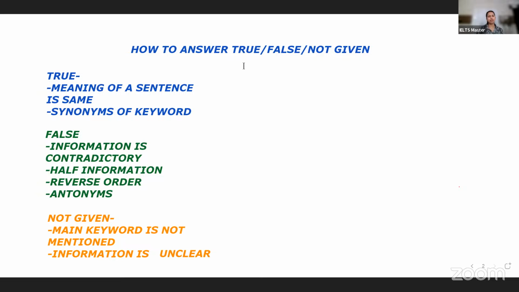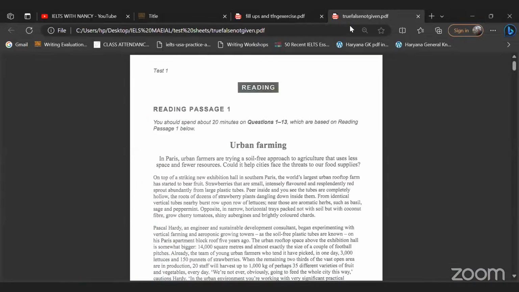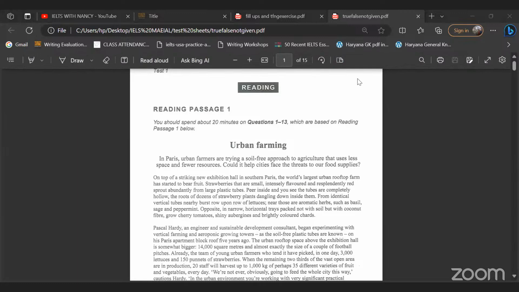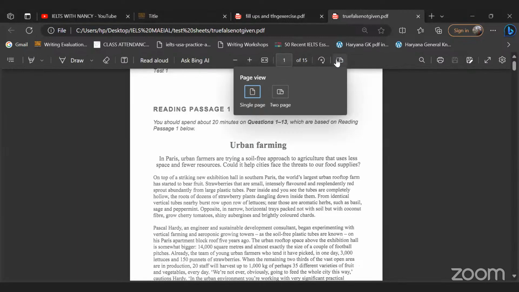Now these are the true, false, not given. So now I'm sharing my screen with you. I hope it is the same PDF that I have shared with you guys.